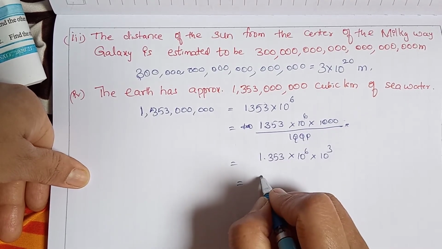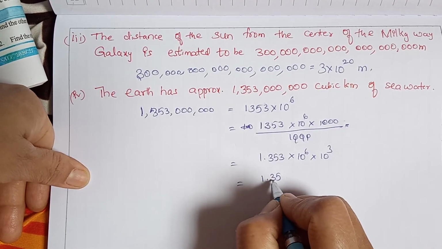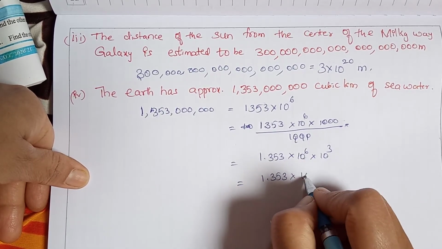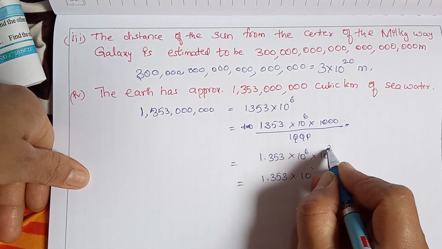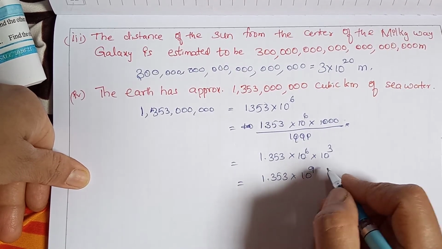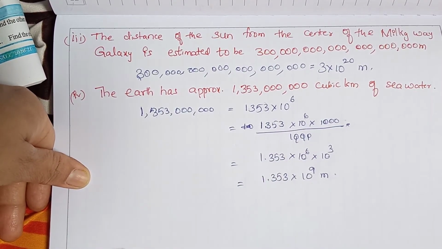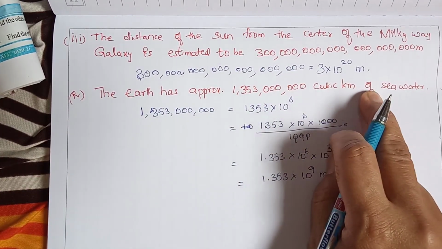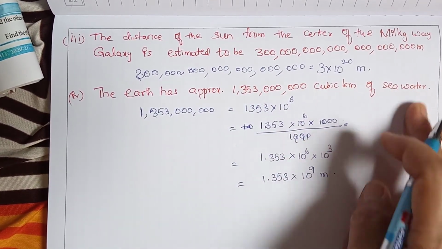Next, this is the final answer. 1.353 into, add the powers, 10 to the power of 6 plus 3 is 9. This is the answer, cubic kilometer. The earth has approximately cubic kilometer of sea water.